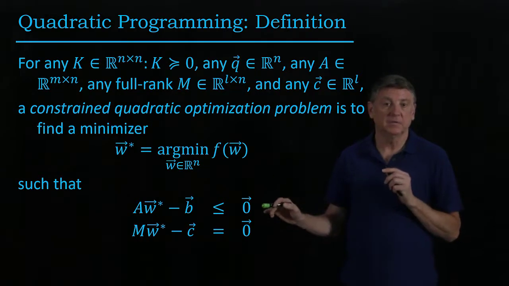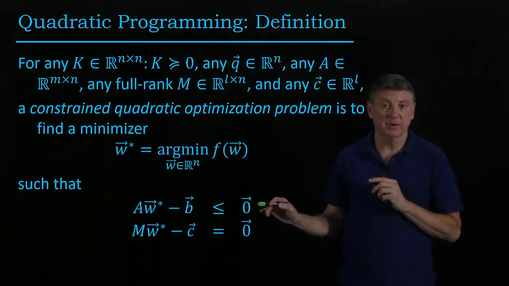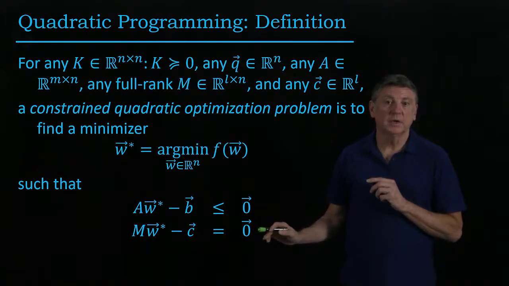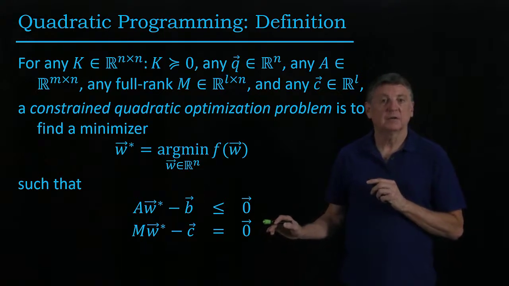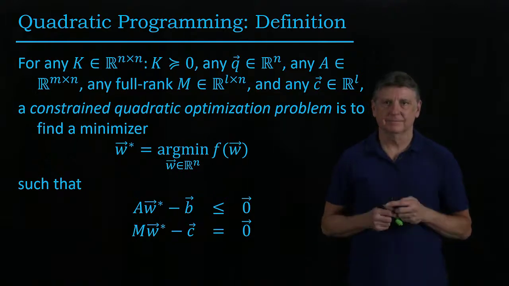In fact, it can often have more constraints than there are variables, but the equality one has to be a full rank, correctly sized matrix.